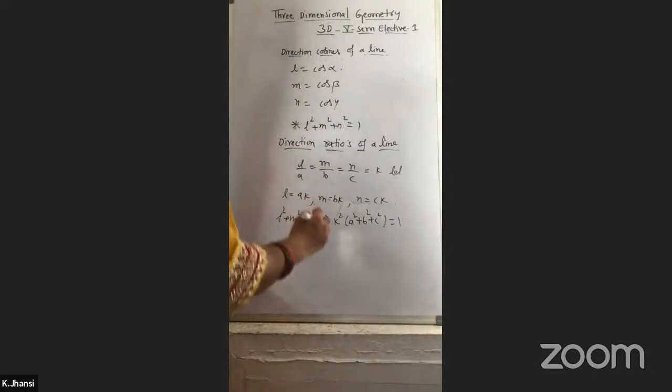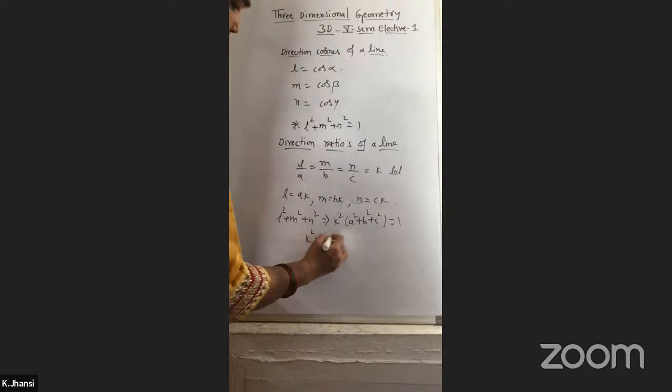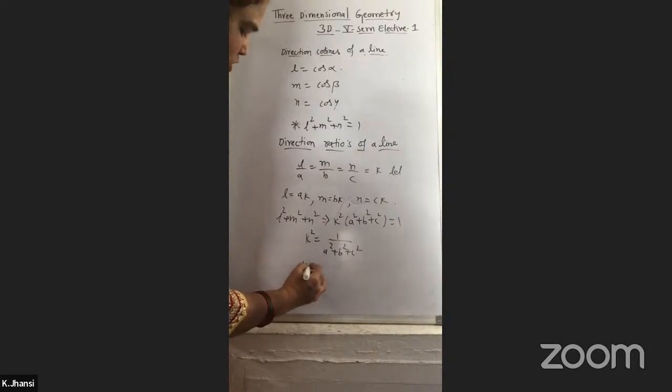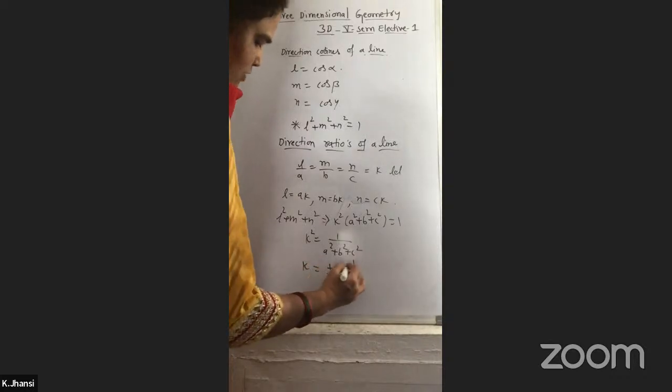So what you will get is K square is equal to 1 by A square plus B square plus C square. So K is equal to plus or minus 1 by the root of A square plus B square plus C square.